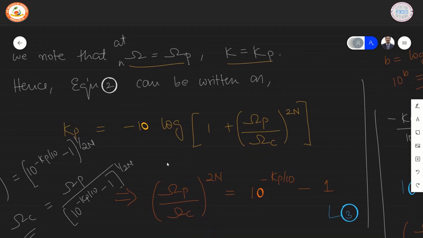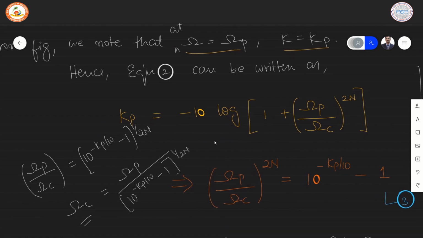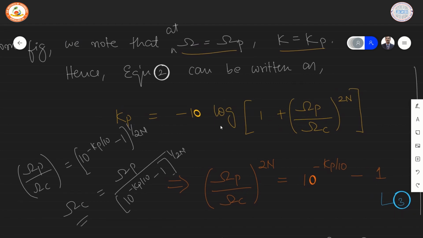Now let us simplify and bring it to a form which is understandable to us. So rearranging the terms and trying to get an expression for (ωp by ωc) to the power of 2n will give you the result 10 raised to minus Kp by 10, minus 1, and this equation is numbered as 3. The steps of the simplification can be discussed here. The first step would be to eliminate the log. We have a step called anti-log.